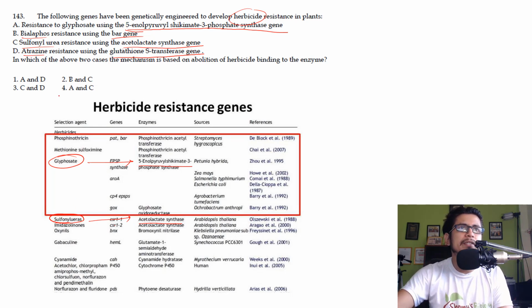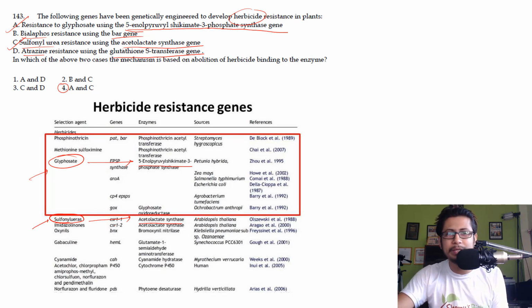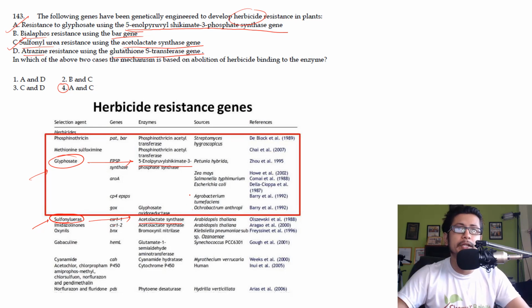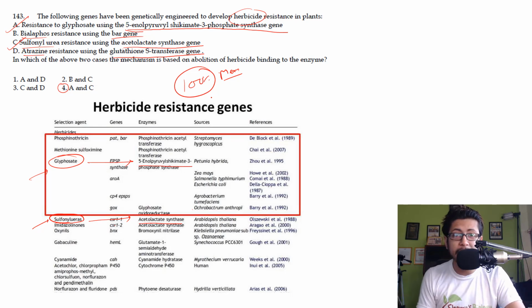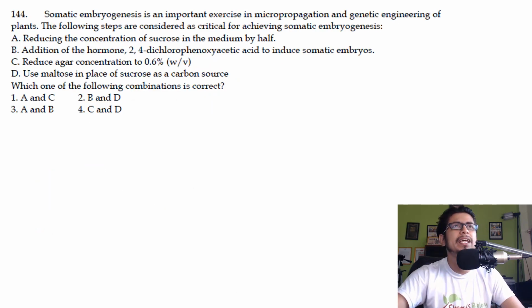Based on these statements, we can select option 4, that A is correct and C is correct. Both are marked in here. This is a table we are not familiar with. If you're not from this background, you should not answer this question. This is a 100% memory based question. You cannot answer that any other way. That's why I don't like these part 12 questions mostly.